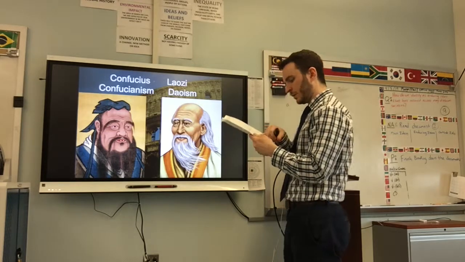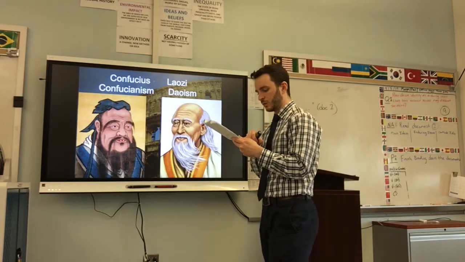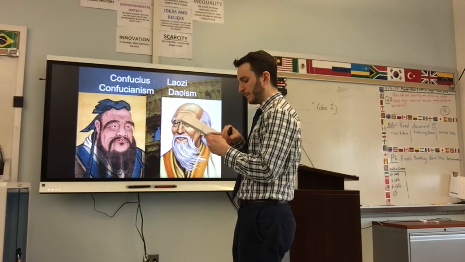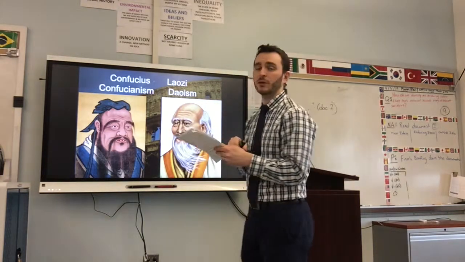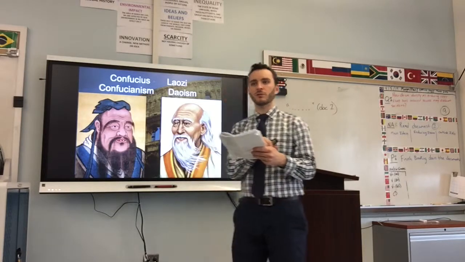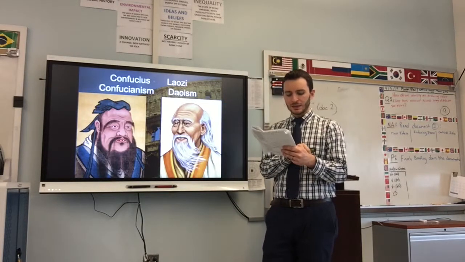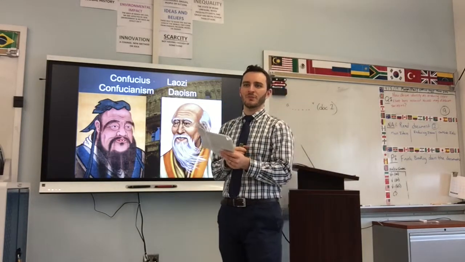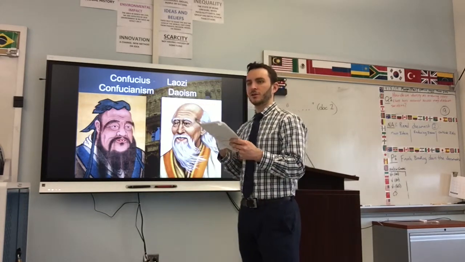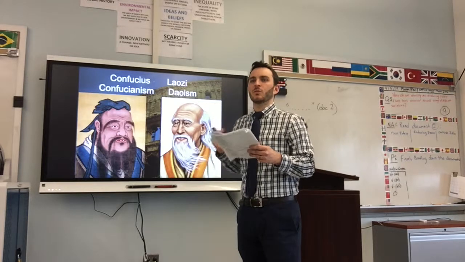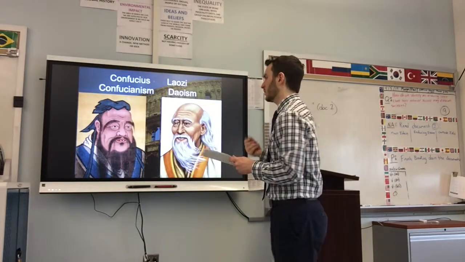Oh, I skipped something here. In new belief systems, we didn't mention Ashoka. So there's the idea that Ashoka was the emperor of the Mauryan dynasty, the most important emperor of the Mauryan dynasty, and he converted to Buddhism. I think you guys remember that comic from last year that one of my students made, where because of his actions in war, he regretted the violence that he caused, and he converted to Buddhism.